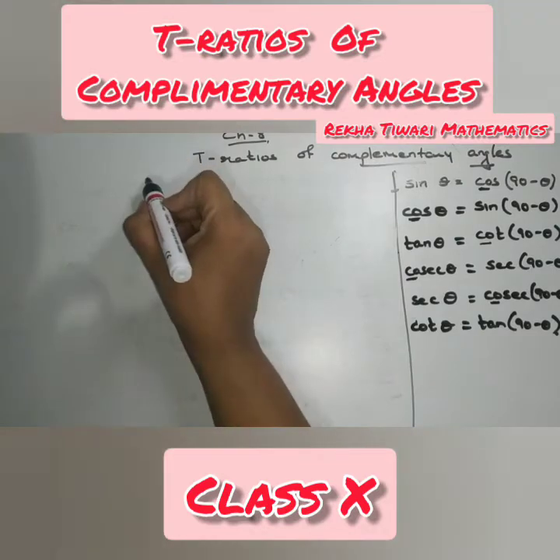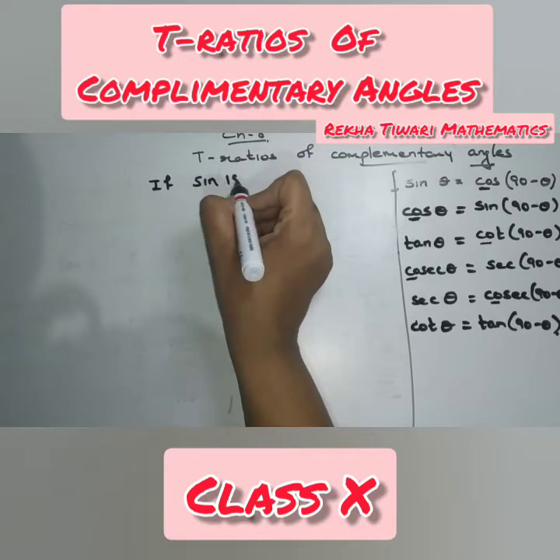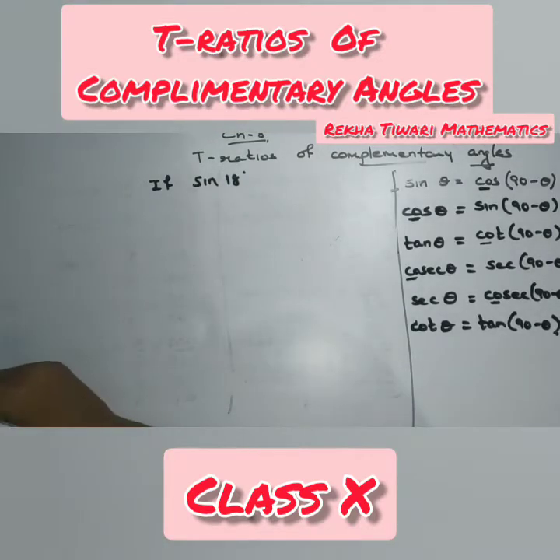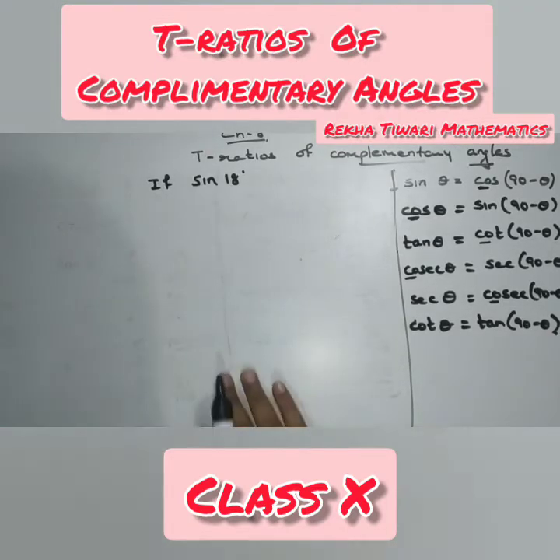Okay, let us take an example. If we have to find out sin 18 degree. In the previous video, I told you some T ratios of some specific angles, that is 0 degree, 30 degree, 60 degree, 45 degree, 90 degree. We have discussed that. Now suppose it is sin 18, we don't know the value of this.